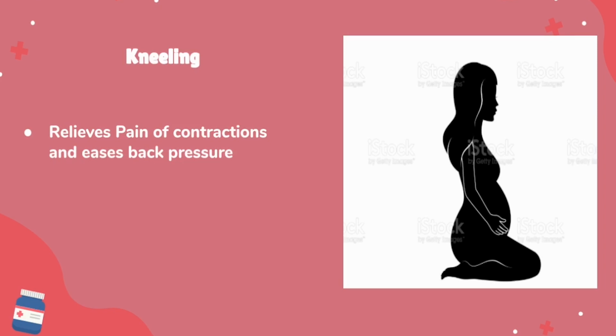Kneeling birthing positions: if the baby is facing the mom's abdomen instead of her back, kneeling can help them turn into a proper position. Kneeling is one of the most popular birthing positions because it can also give the mom a much needed break. This also relieves pain of contractions and eases back pressure.